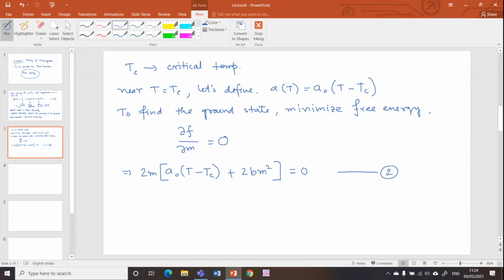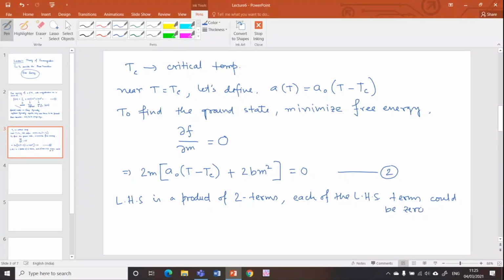Now as you see, the left hand side is a product of two terms. We have an m and then these square bracketed terms. The right hand side is 0. That means each of these LHS terms could be 0.